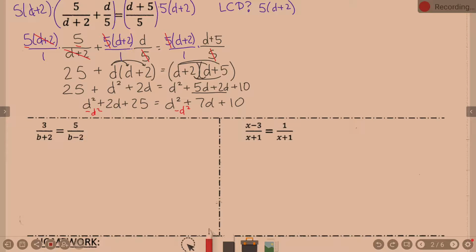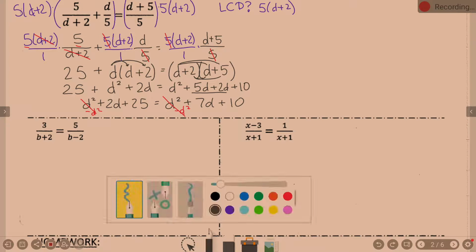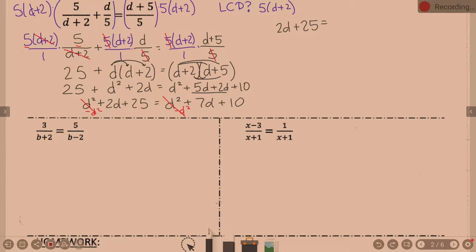What happens with the D squareds? They both cancel, don't they? And so once they both cancel, I'm left with 2D plus 25 equals 7D plus 10. I don't know what you guys think, but that just became a way easier problem to solve.